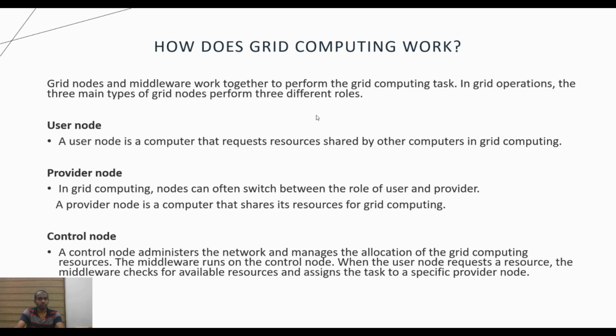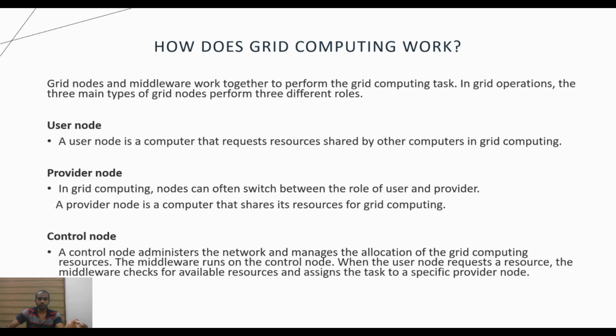So, how does grid computing work? Well, grid nodes and a middle layer work together to perform grid computing tasks. In grid operations, there are three main types of grid nodes that perform different roles. First of all, we have a user node. A user node is a computer that requests resources shared by the other computers in the grid. Then we have a provider node. In grid computing, nodes can often switch between the role of a user and a provider.